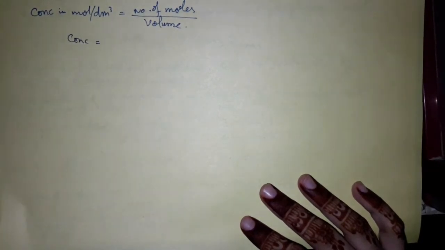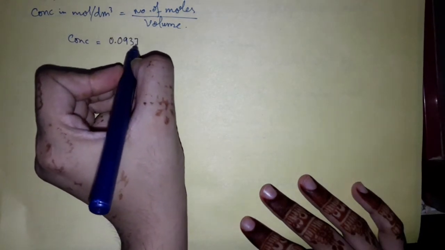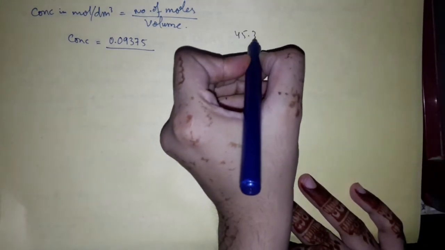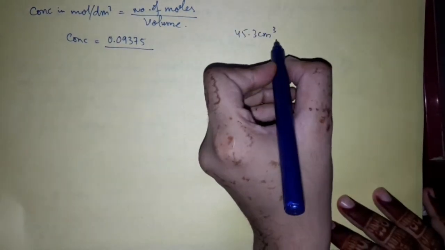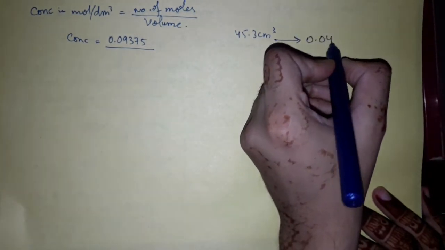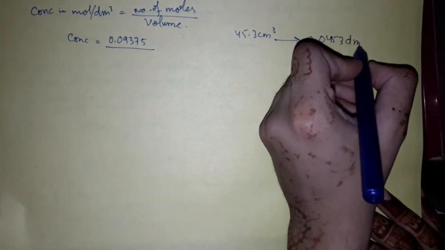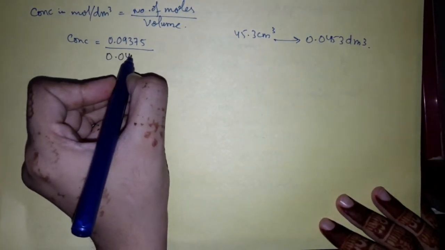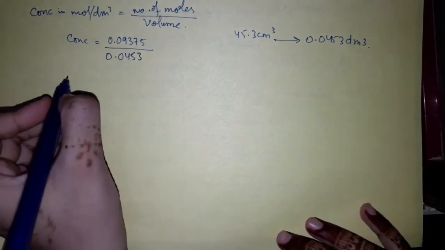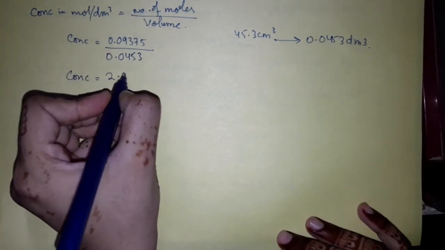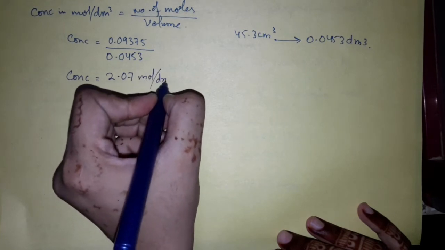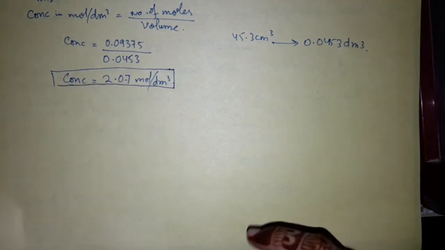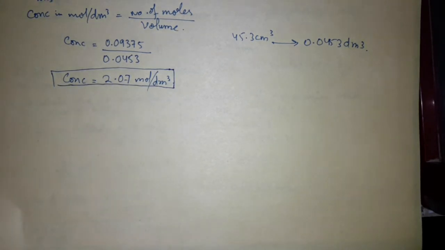The number of moles is 0.09375 and the volume was 45.3 centimeter cube, which we convert to 0.0453 decimeter cube. So we put this value in the equation and the answer we get is 2.07 mole per decimeter cube. So this is the concentration of ammonia used in moles per decimeter cube.